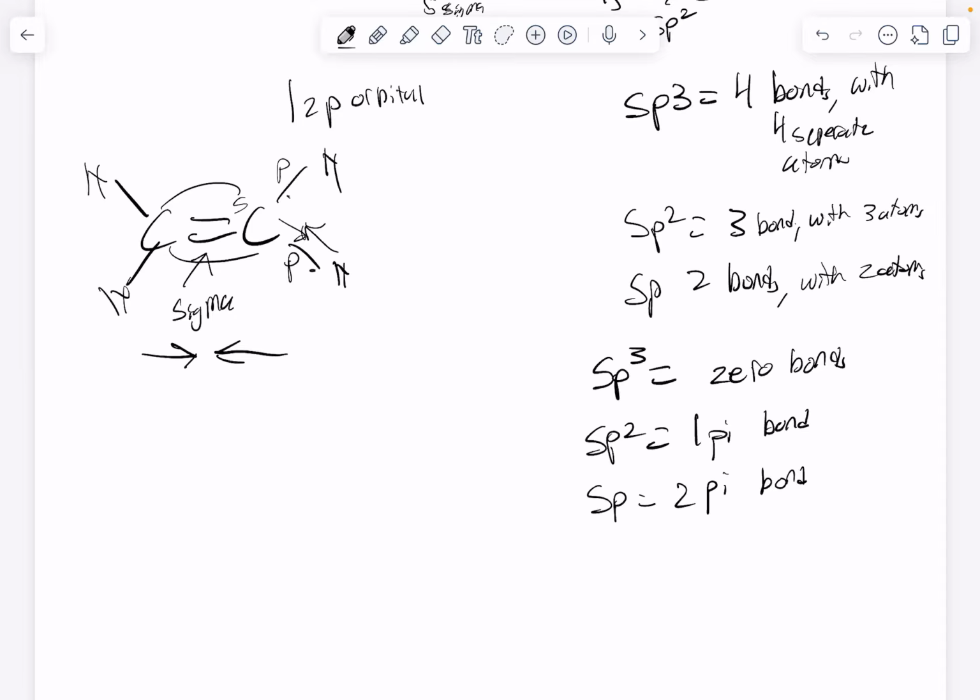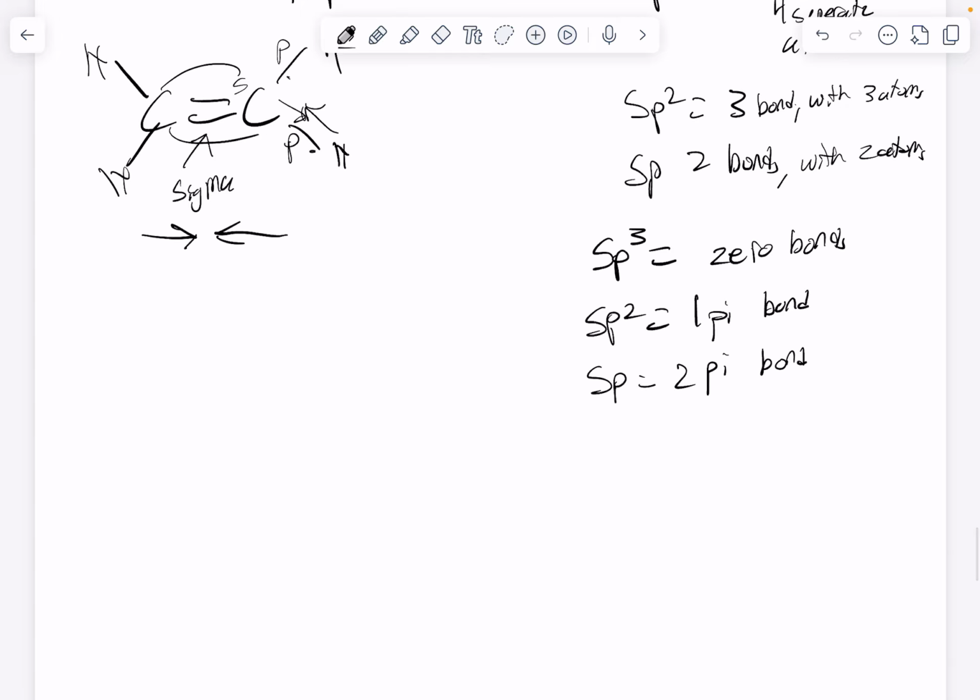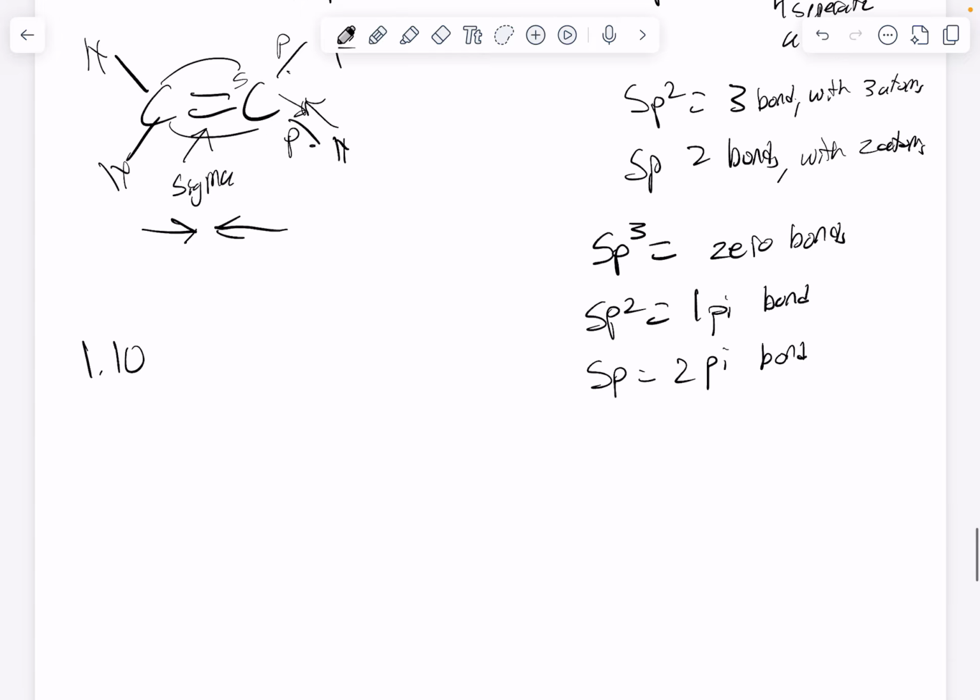And like I said, the hybridization is all based on the geometry of the atom or the molecule. So in 1.10, we're talking about the hybridization of nitrogen, oxygen, phosphorus, and sulfur.